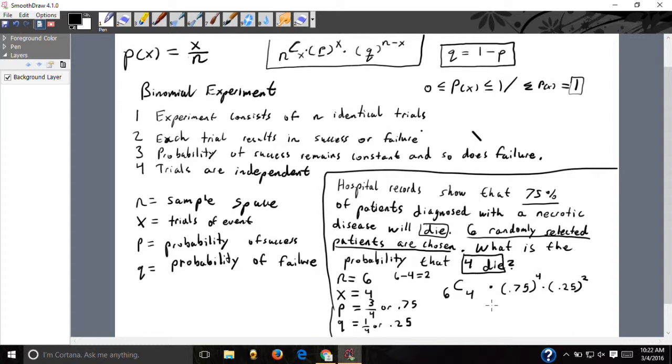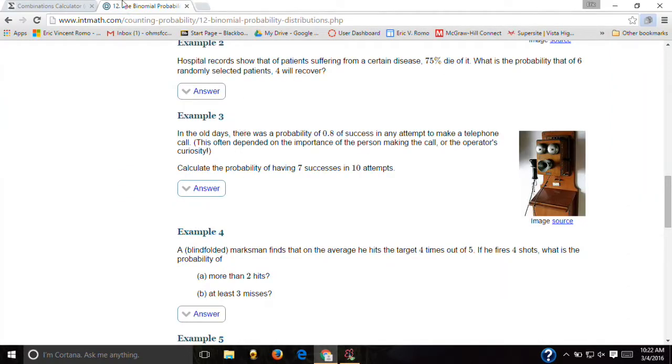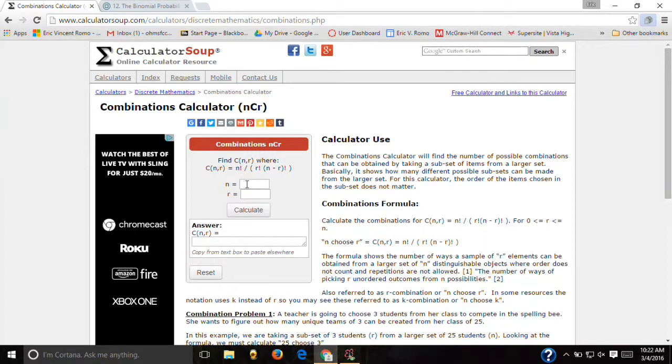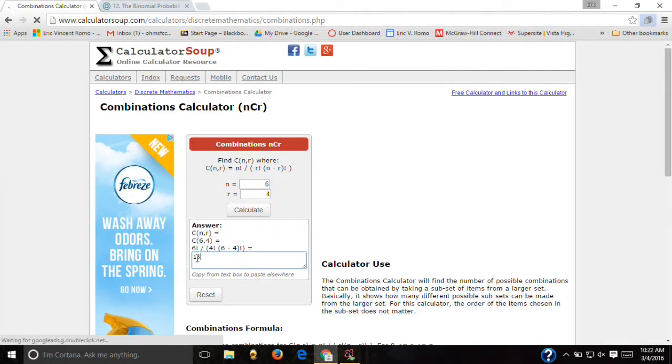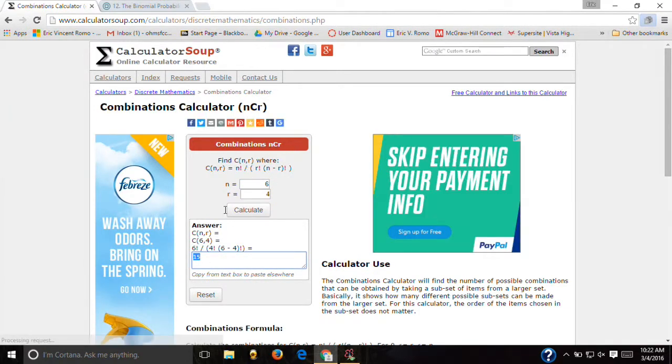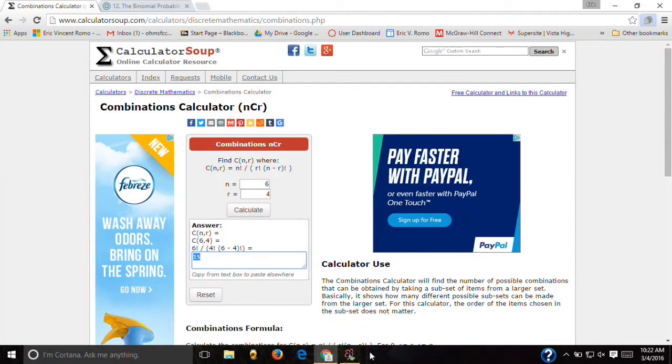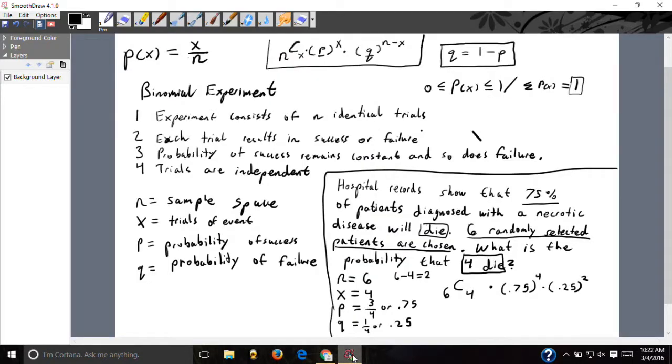So let's go ahead and calculate what these values are. I don't have an nCr function on my computer calculator, so I'm going to enter it into this online calculator right here. It says that value, nCr, is equal to 15.